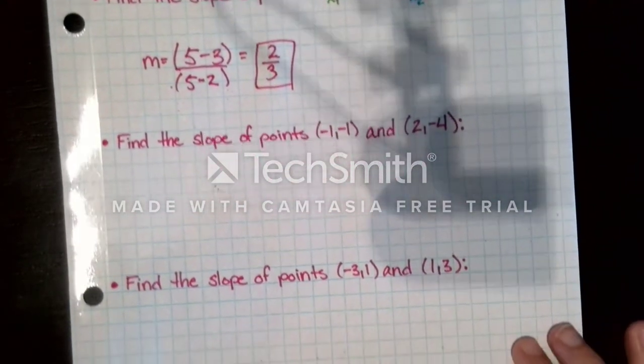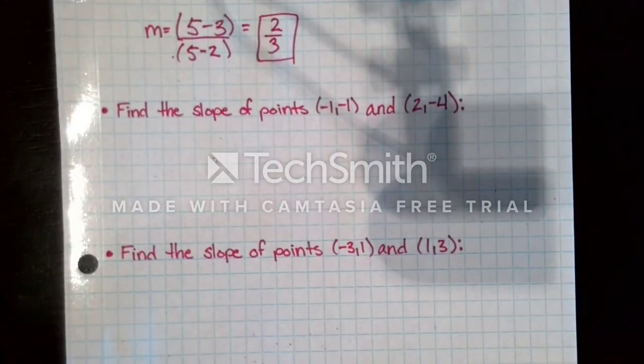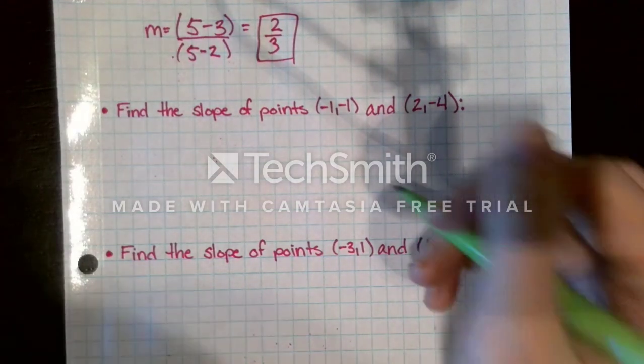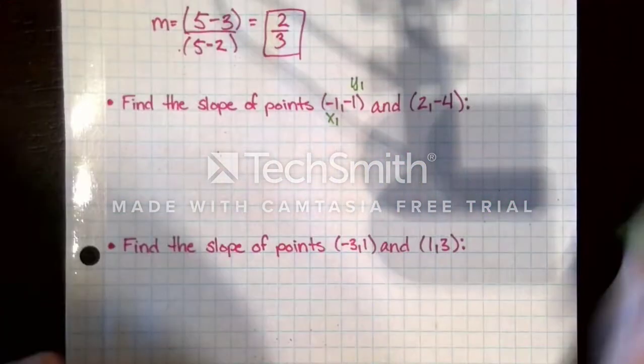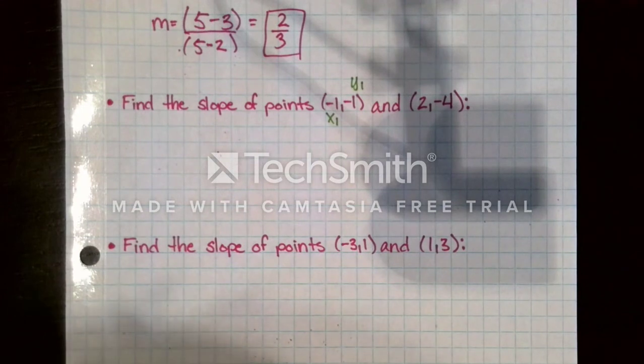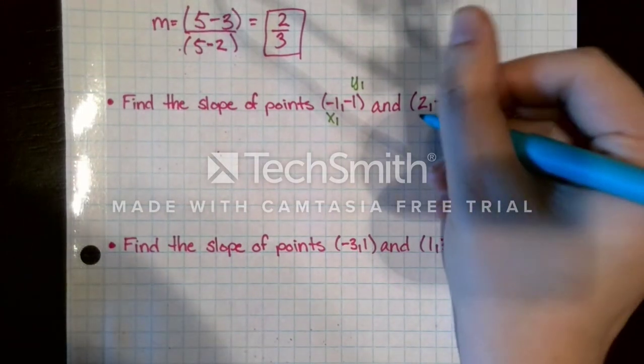Let's take a look at the next problem. So we have to find the slope here of (-1, 2) and (-4, ...). Again, we have x1, y1, and x2, y2.